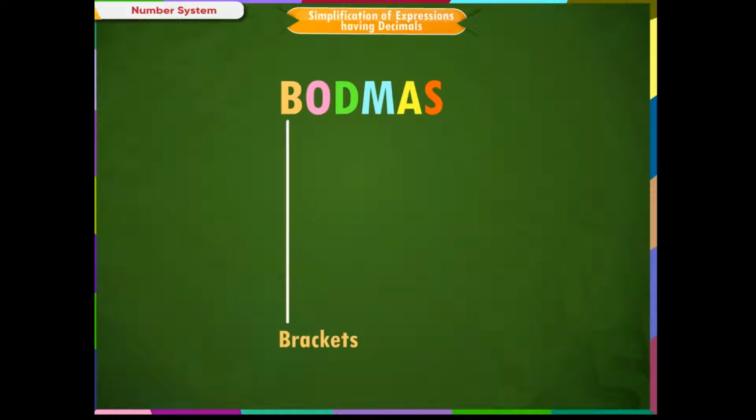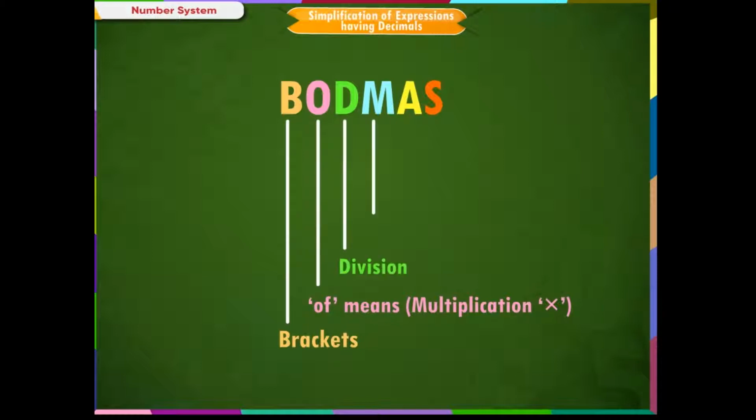In order to simplify decimal expressions, we will obey the rules for simplifying an expression using BODMAS. We know that to simplify a numerical expression having two or more operations, we solve the brackets first, then division followed by multiplication, addition, and last subtraction.